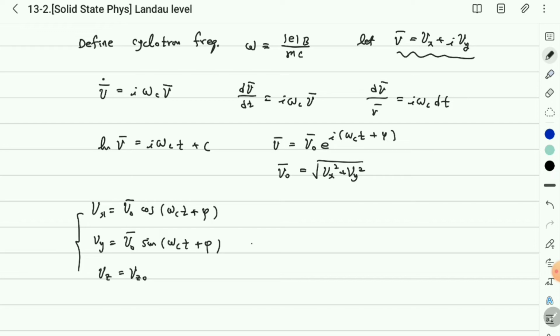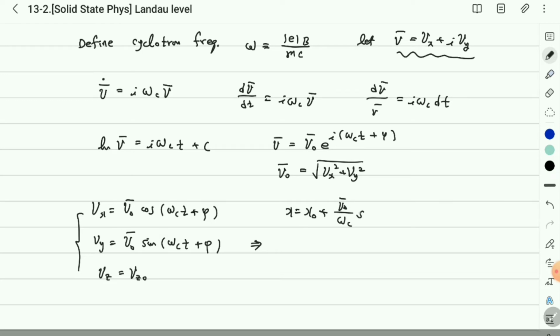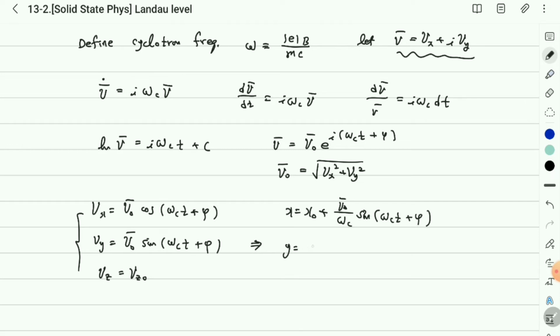Then x equals x0 plus the integral over time, which gives v0 bar over omega_c sine of omega_c t plus phi, and y equals y0 minus v0 bar over omega_c cosine of omega_c t plus phi, and g equals g0 plus vg0 t.